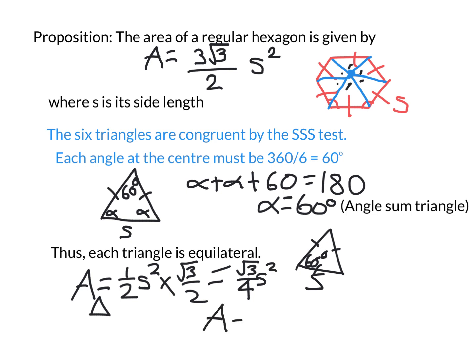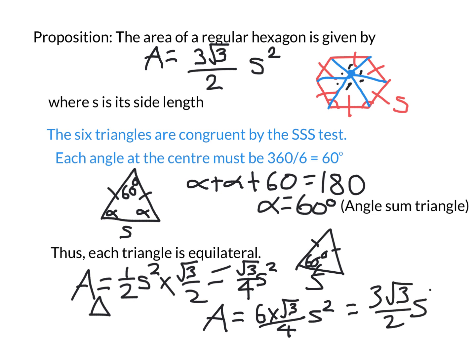Therefore the area of the whole shape, well, there are 6 such triangles. So it's 6 times root 3 on 4 s squared. We can simplify 6 over 4 by dividing top and bottom by 2, and you get exactly what we were asked to prove, 3 root 3 on 2 s squared.